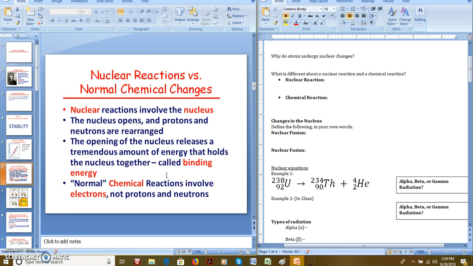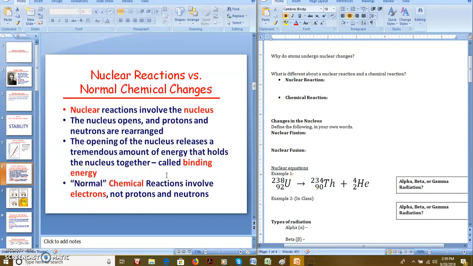And so when you're trying to break apart a nucleus or get a proton or a neutron out, you have to overcome that binding energy, and that takes a lot of outside energy. So the reason why a nuclear blast is going to give off so much more energy than, let's say, a chemical reaction like a bomb, TNT, that can produce one heck of a punch.